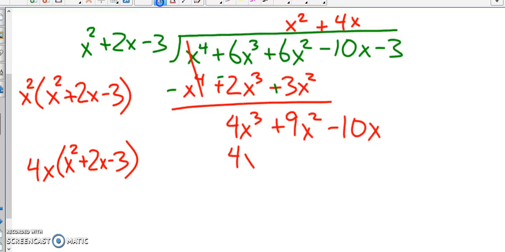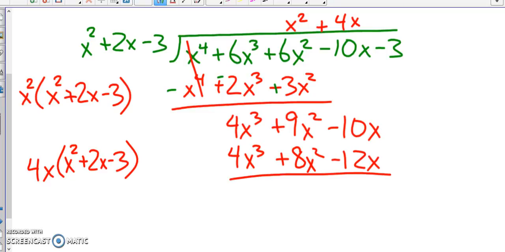That would be 4x cubed plus 8x squared, and then minus 12x when I distribute. Change all the signs, add. That goes away. That makes x squared plus 2x and minus 3.